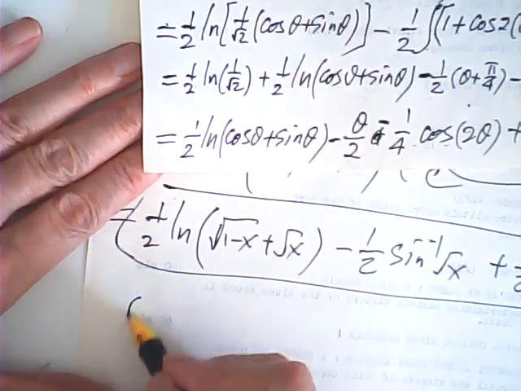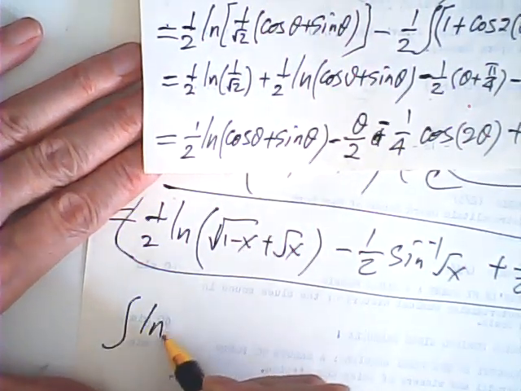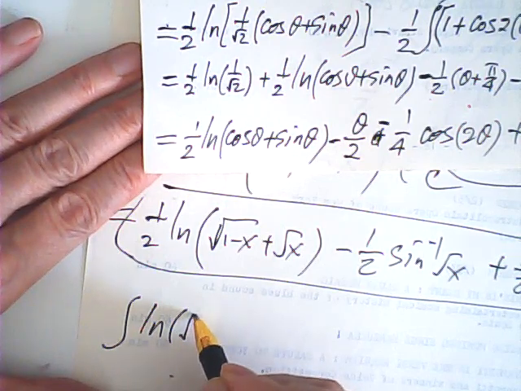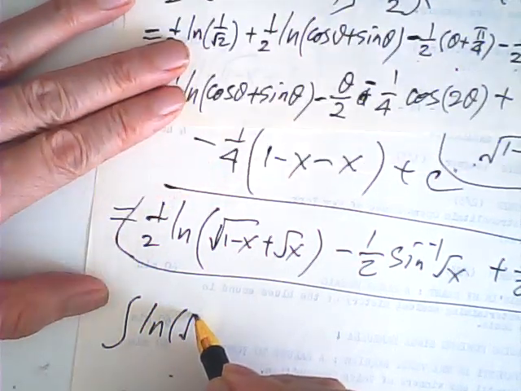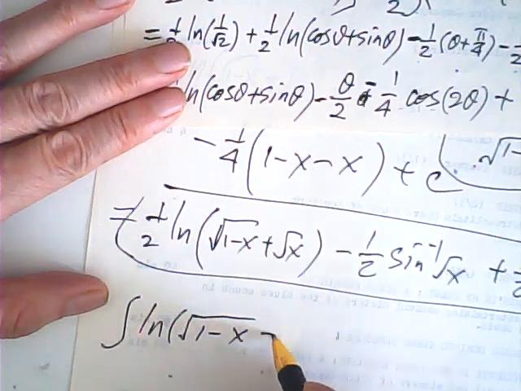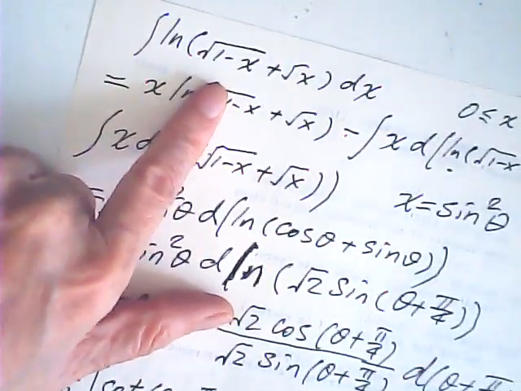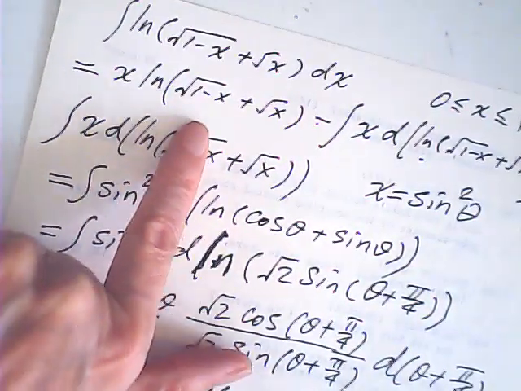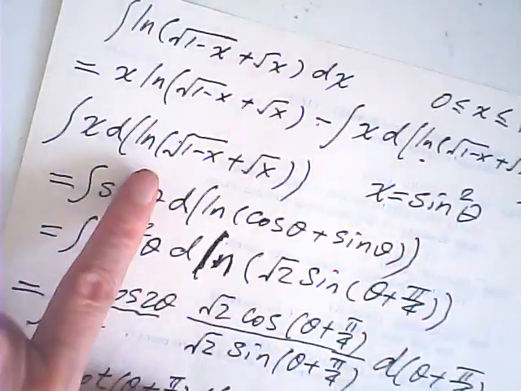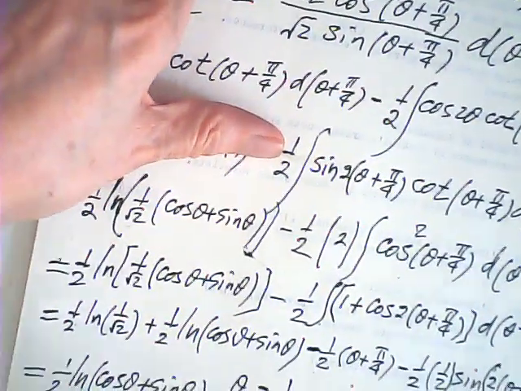Therefore, my target integral, log 1 minus x plus root x dx, this is my target integral, okay, is equal to this minus that, minus what we have done.